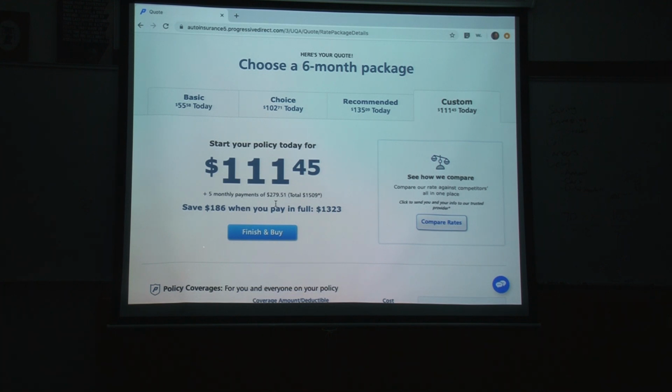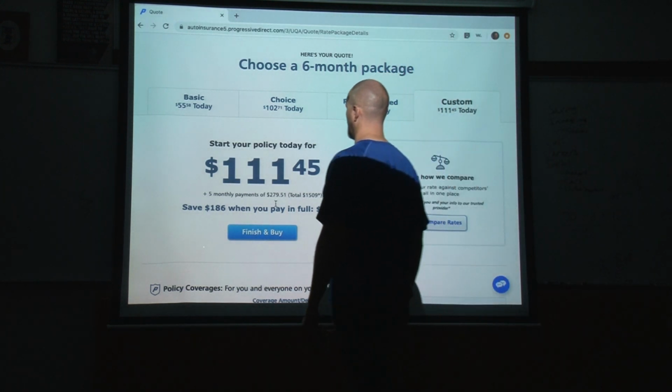So, I mean, that ticket alone, $220 up to $279. So that was about a $60 a month increase in premiums, okay?